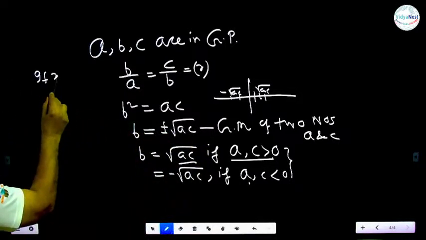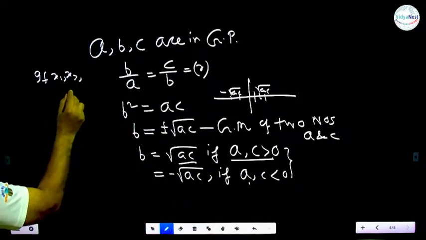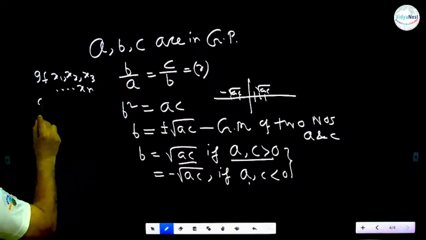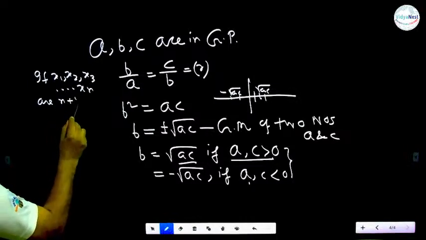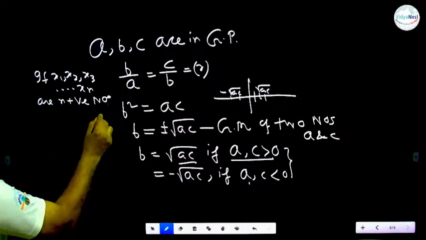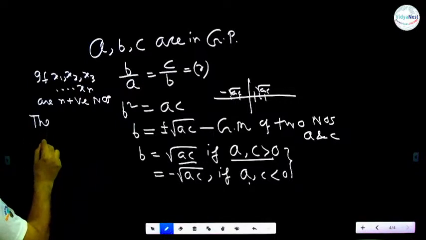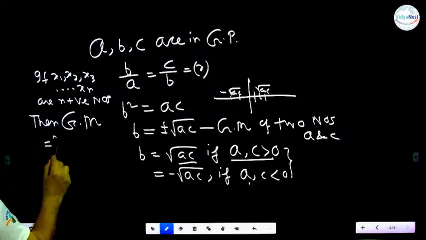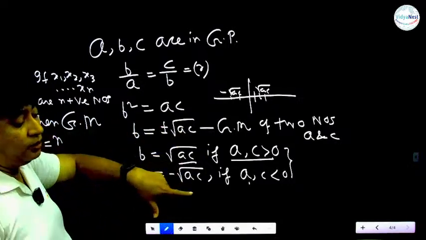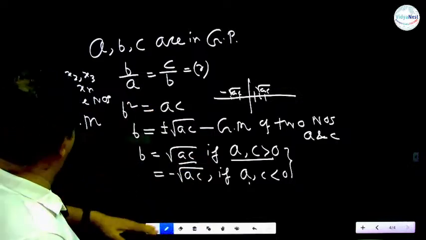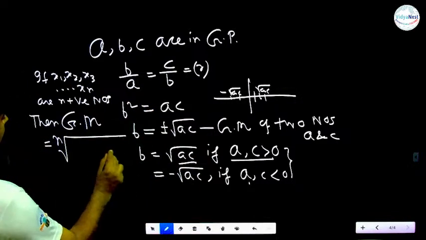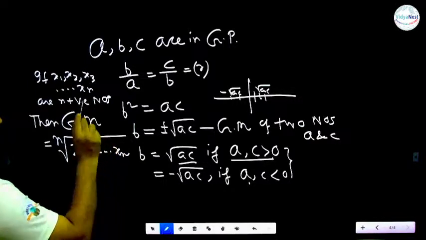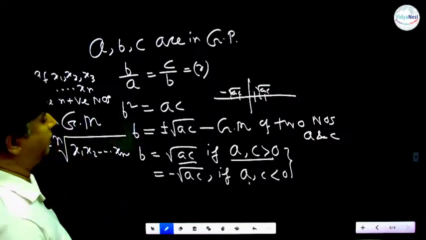If x1, x2, x3 up to xn are n positive numbers, then geometric mean will be, for 2 numbers square root, for 3 numbers cube root, for n numbers nth root. Okay, this is the geometric mean.